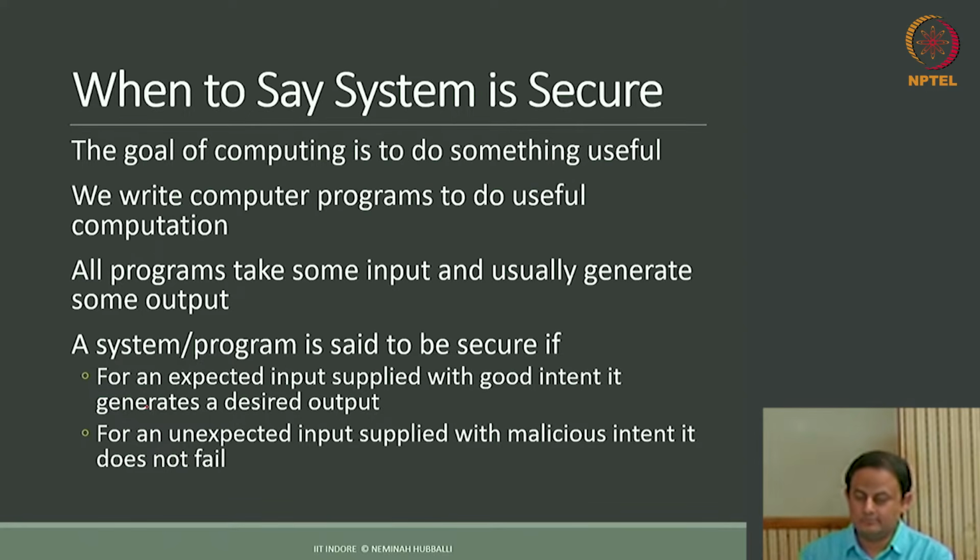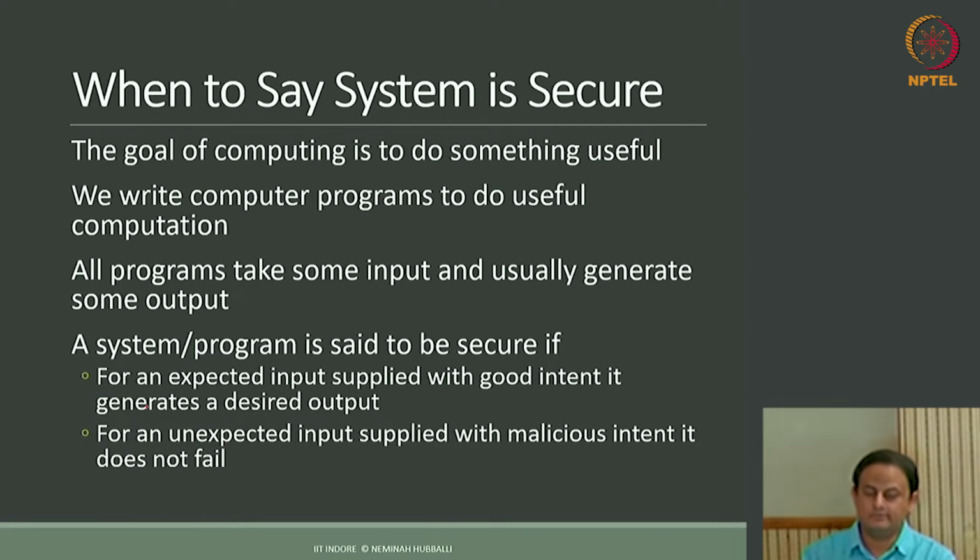And for any unexpected or unintended input supplied with malicious intent, the program or application does not fail. If these two conditions are met, then the application or system is said to be secure.